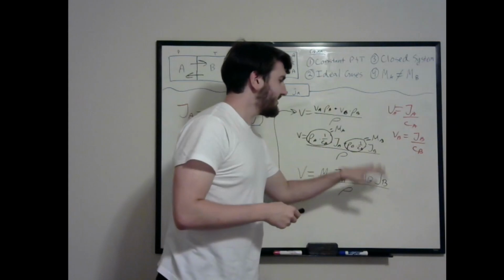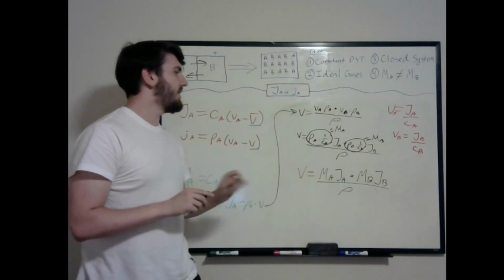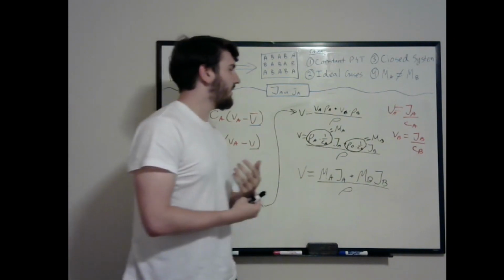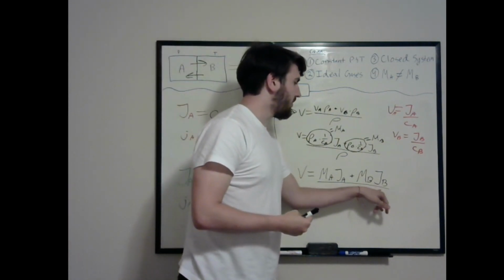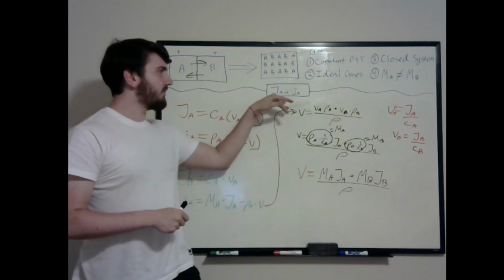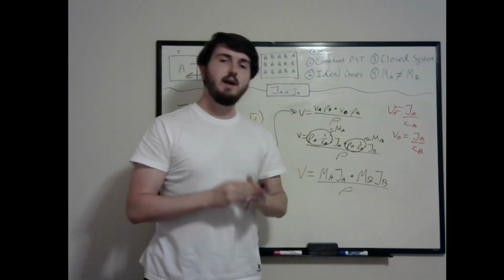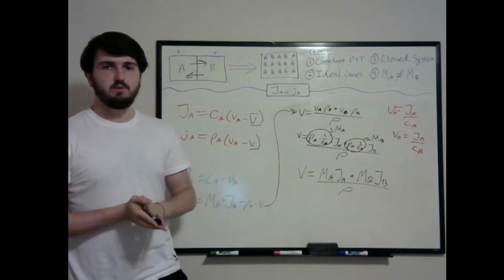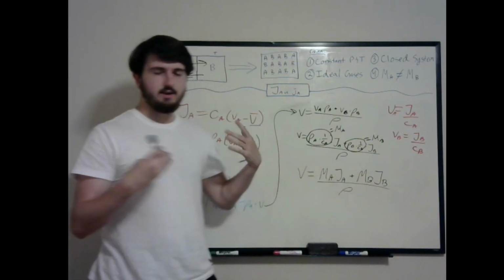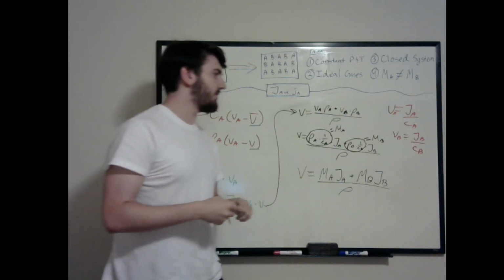Now, from here we still have one more step to do. We're not comparing the molar diffusive flux of B at all. We're trying to find the comparison between the molar diffusive flux of A and the mass diffusive flux of A. So we need to get rid of that. Again, not get rid of it, but change things around.